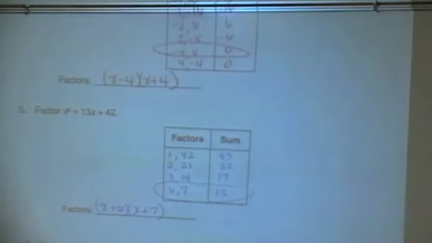Now, how many of you are getting to the point where you can do this without the factor sum chart? You should be getting pretty close. Now, let me show you a little trick. If you are able to use your calculator, let's say you're unsure of all of the factors of a number.